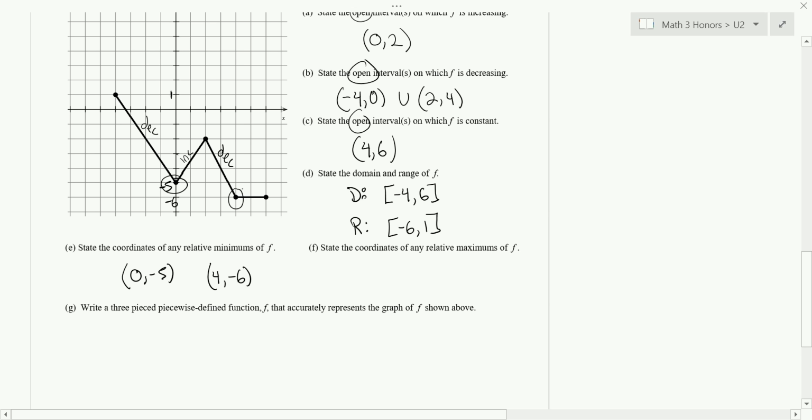This one changes between what and what? Well, it's not nothing. We call it constant. Decreasing to constant. And so when you have that, we can't say it's a relative minimum. Okay. But we're learning that, and so it's good to discuss that. So F, state the coordinates of any relative maximums of f. King Bao?